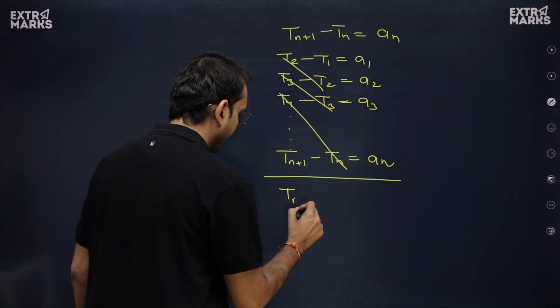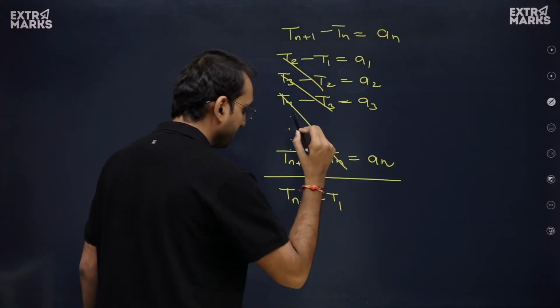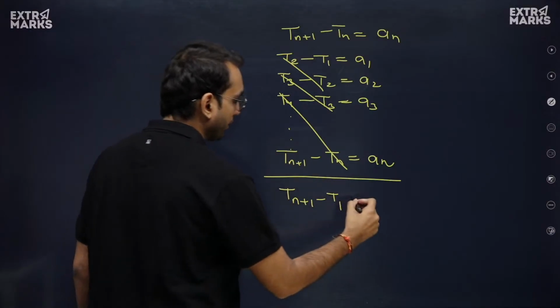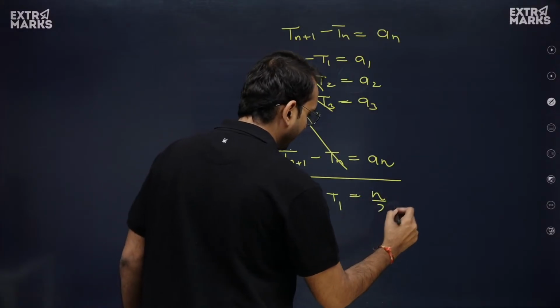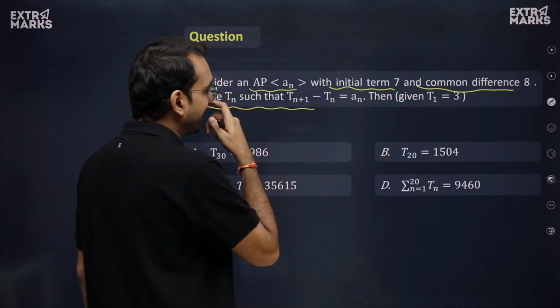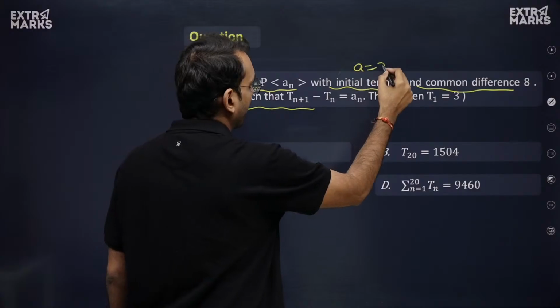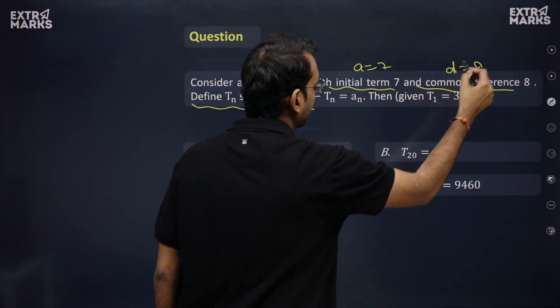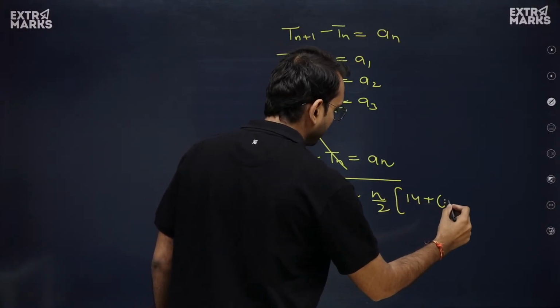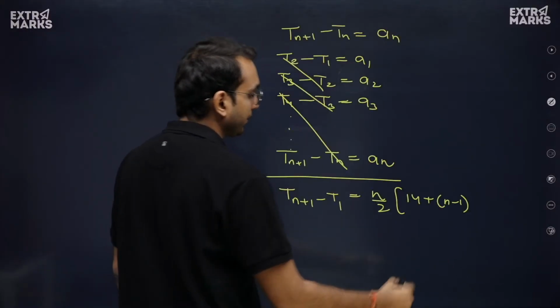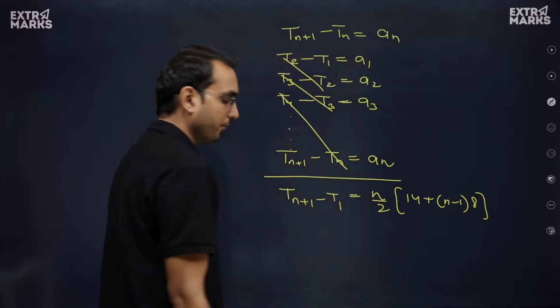So it will be Tn plus 1 minus T1, which is given in the question, is equal to the sum of the first n terms of an AP, which is n by 2 into 2A. A is given as 7 and common difference is given as 8. So it will be 14 plus n minus 1 into D, that is 8, right?